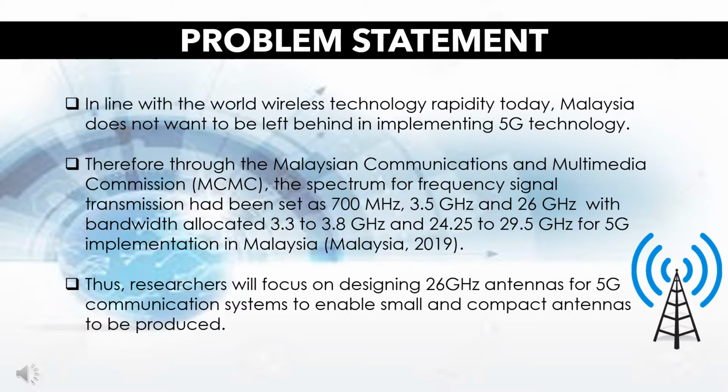Therefore, through the Malaysian Communication and Multimedia Commission (MCMC), the spectrum for frequency signal transmission has been set as 700 MHz, 3.5 GHz, and 26 GHz, with bandwidth allocated 3.3 to 3.8 GHz and 24.25 to 29.5 GHz for 5G implementation in Malaysia.